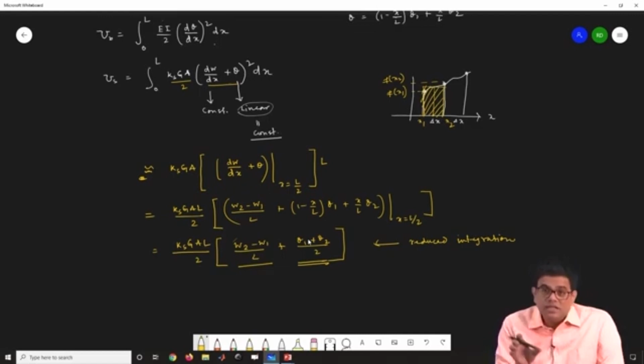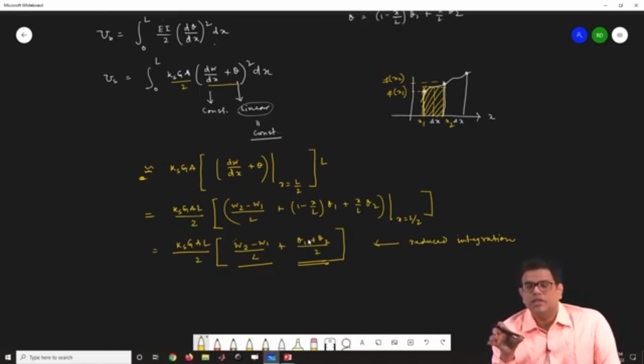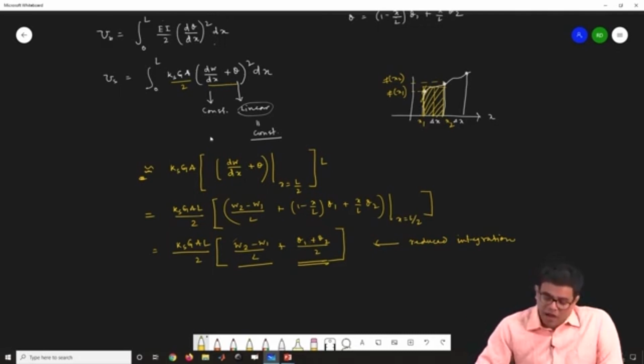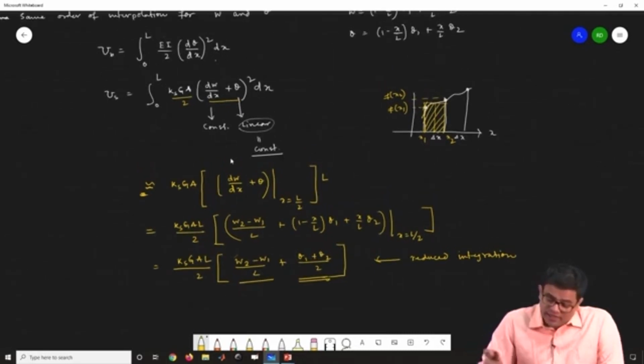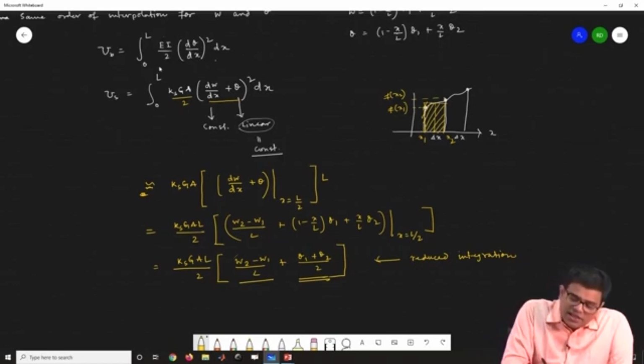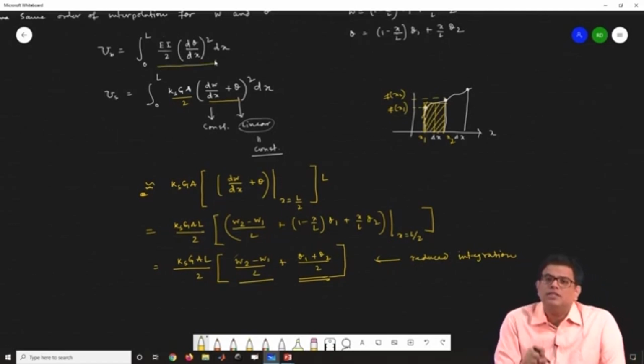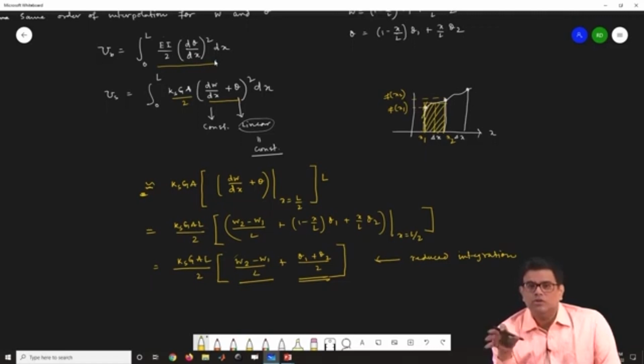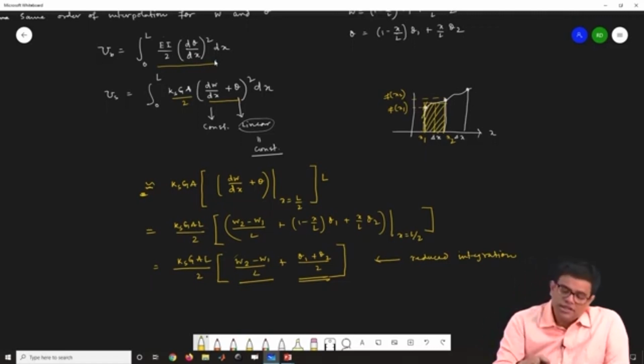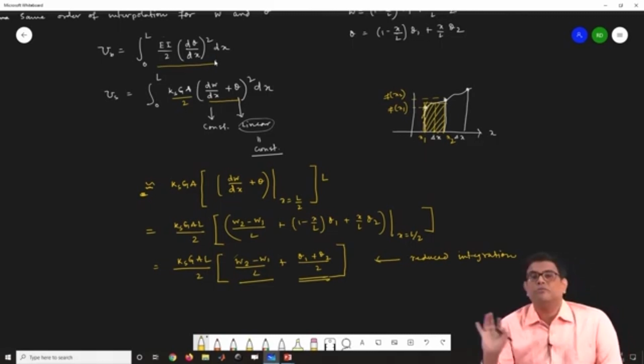This numerical technique is known as reduced integration. We will learn this in much more detail later, because it requires a little knowledge of Gaussian quadrature, which we generally use in finite element analysis. Let us assume that one term is evaluated with the full two-point quadrature rule, while this quantity is evaluated by the one-point quadrature rule.